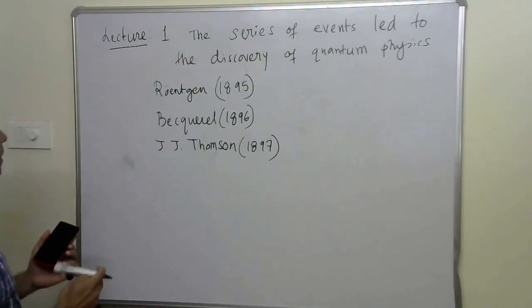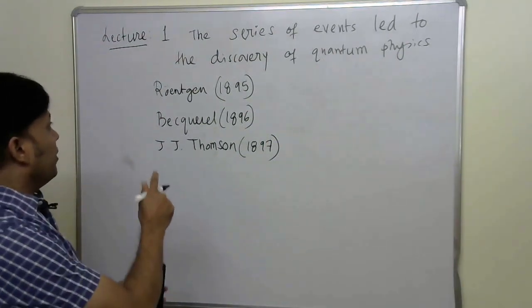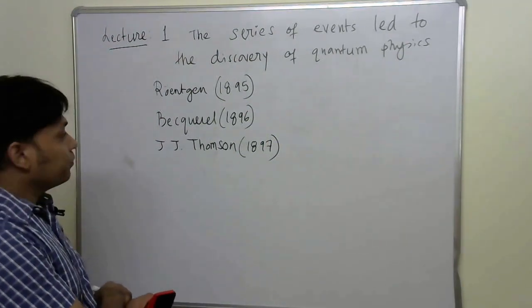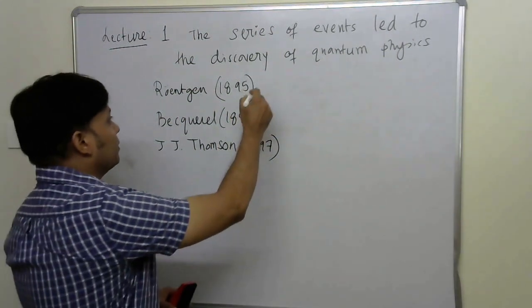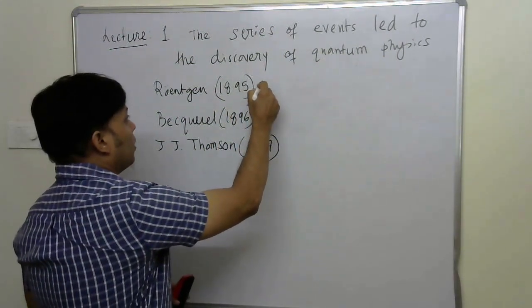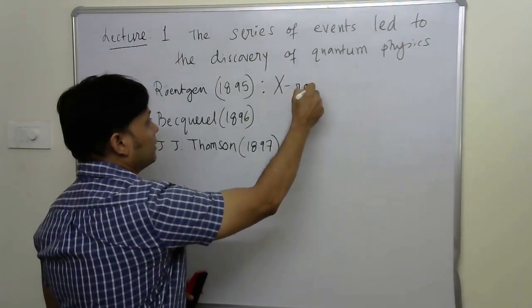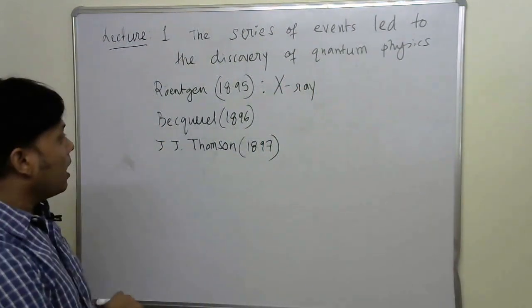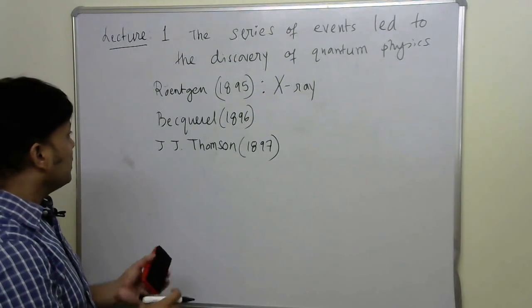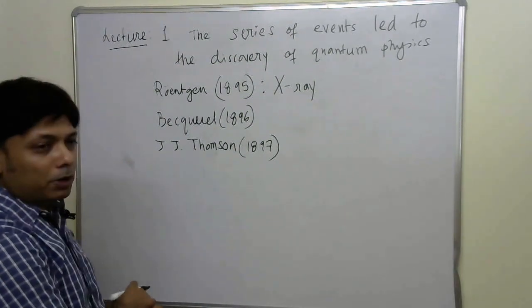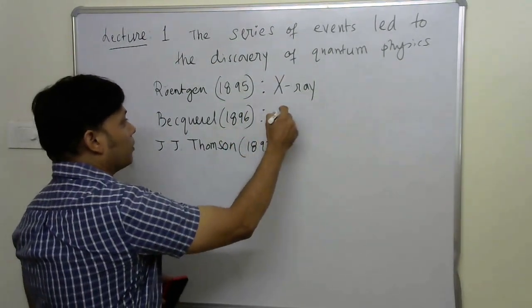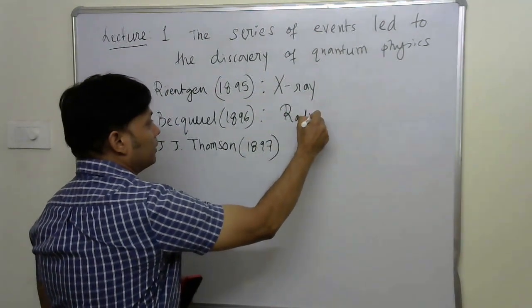So you see, in the year 1895, William Röntgen discovered one of the most important physical phenomena, the X-ray. And then in the year 1896, Henri Becquerel discovered radioactivity.